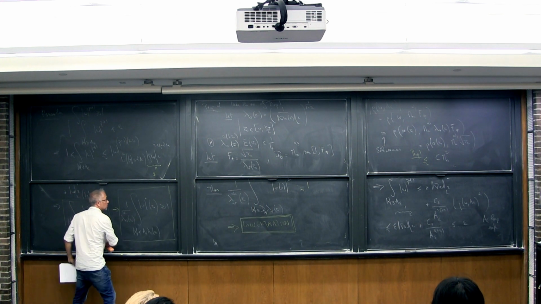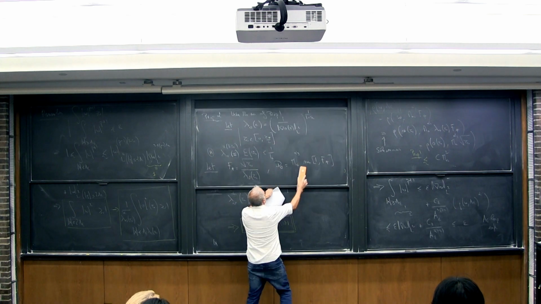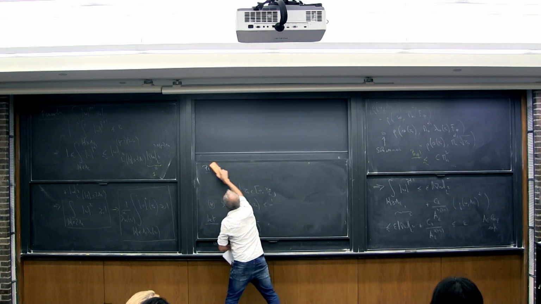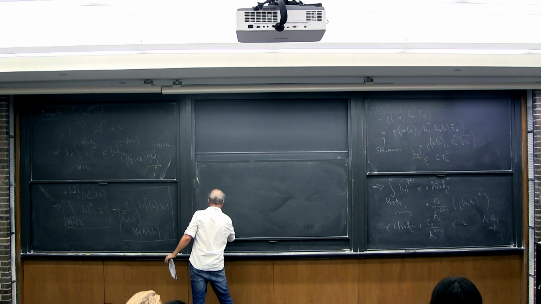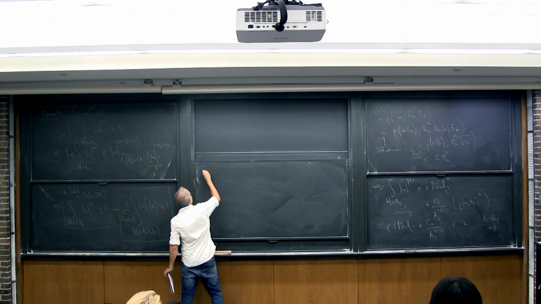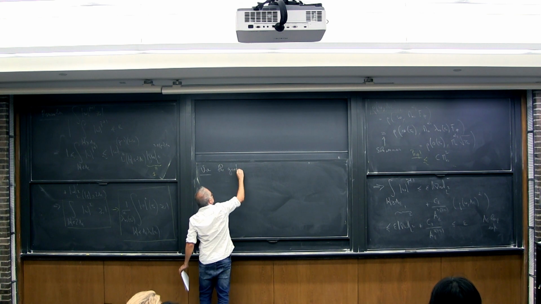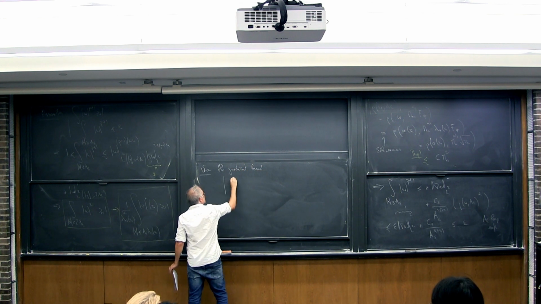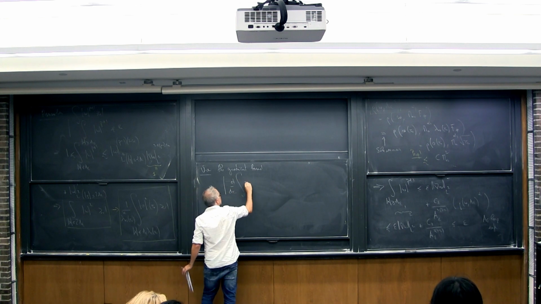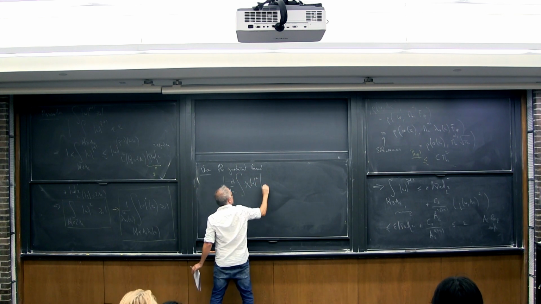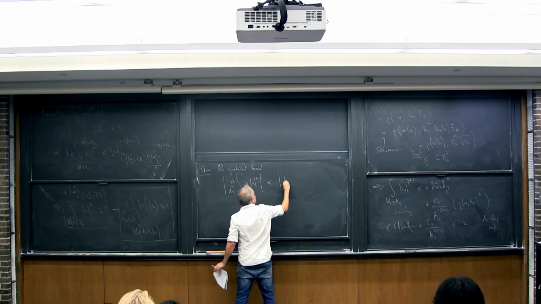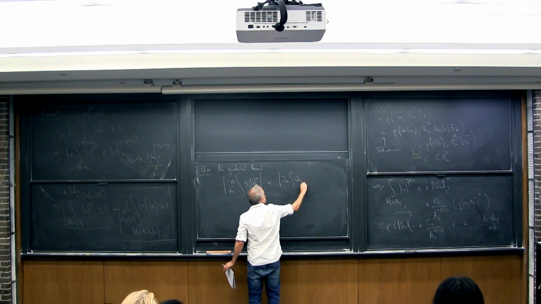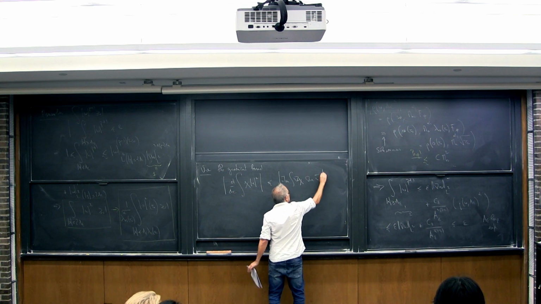Okay, and now the key is that now you use the gradient bound. You simply use the fact that d tau of chi u squared is controlled by imaginary grad chi grad u bar.